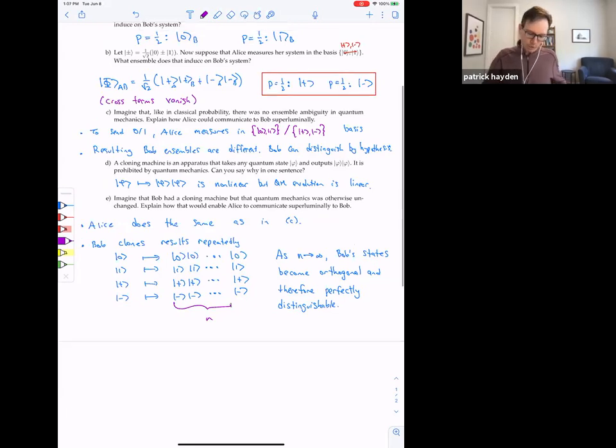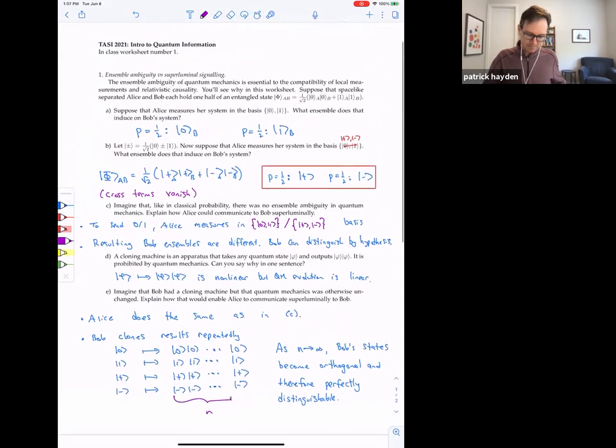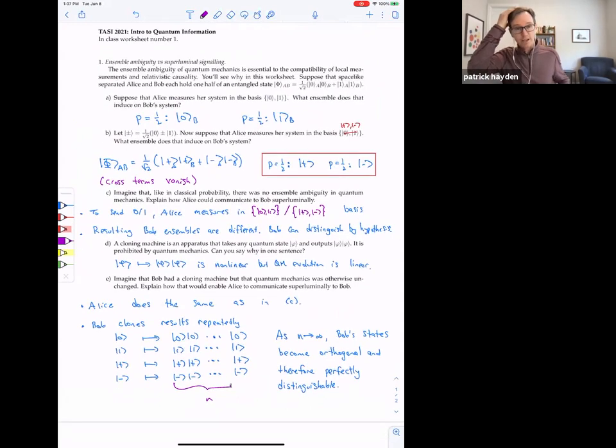And the moral of this story, well, what is the moral of the story? Part of the moral of the story is just that this ensemble ambiguity is an essential part of quantum mechanics. If you want to create a consistent relativistic theory of quantum mechanics, this ensemble ambiguity is essential. Without it, you're going to have superluminal signaling.